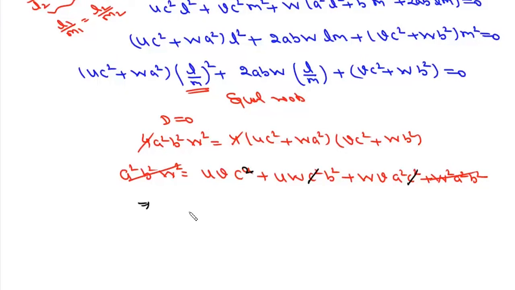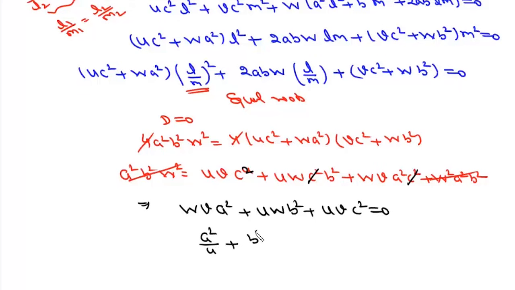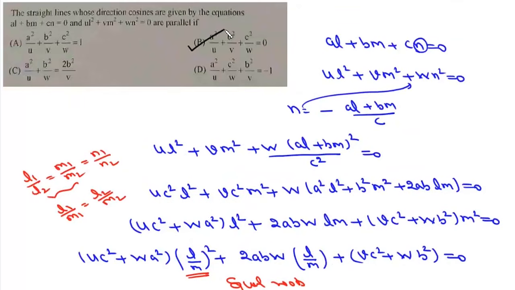So we'll get this condition that VWA square plus UWB square plus UVC square will be 0. And if we divide everything with UVW, then we can write A square upon U plus B square upon V plus C square upon W must be 0. And that's your option B.